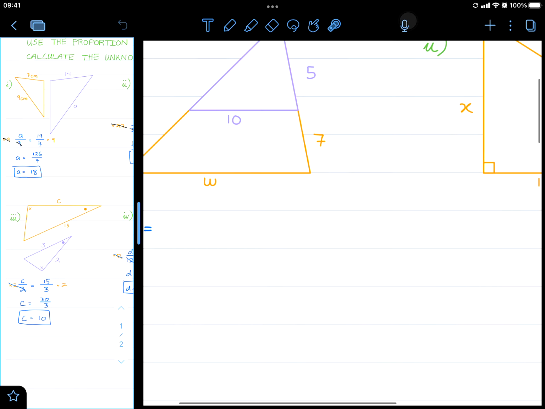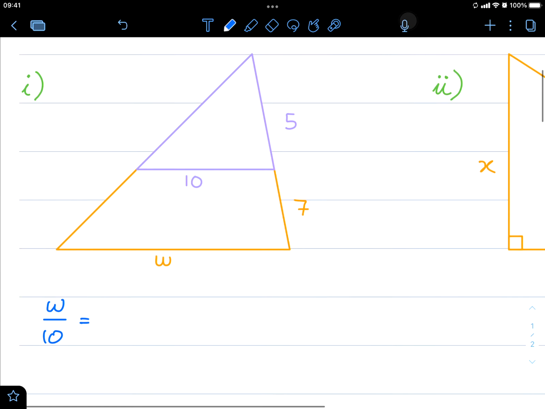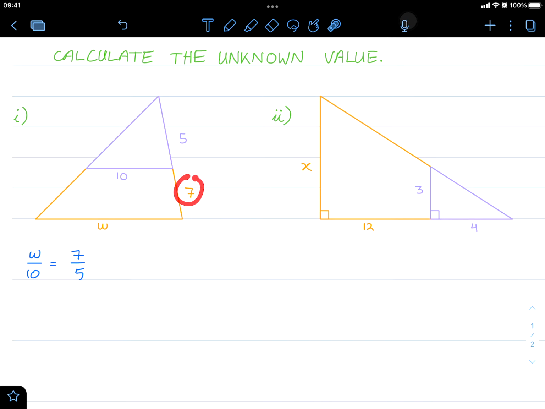In this triangle, what is the length of the orange side that we have to use? Now in this case, the most common incorrect answer is actually 7 over 5, which makes sense because we have to pick 7. However, 7 is not the length of the full triangle side. Look very carefully.